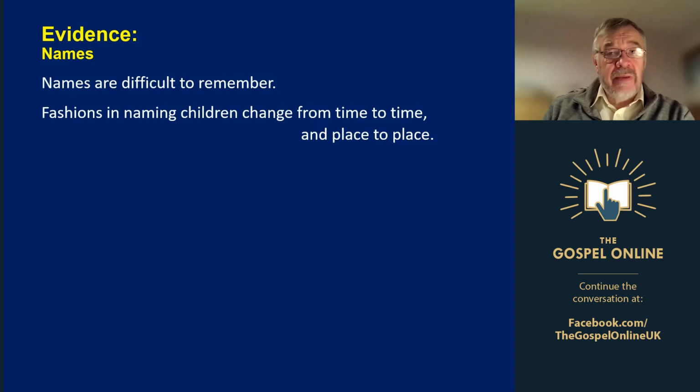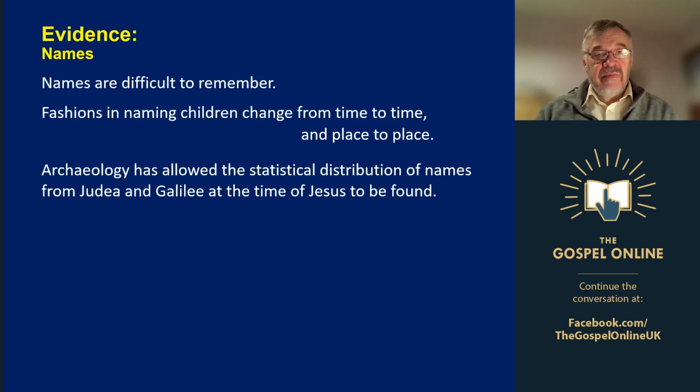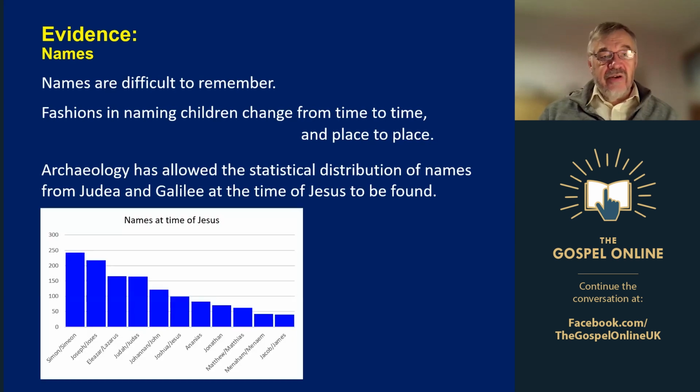So if you're going to name people, write something like the gospel and make it up, how do you get the names right? Well, it would be difficult for them at the time, but we've got the advantage because the Jewish scholar Tal Ilan, Israeli scholar, has made a sort of directory of names from inscriptions, from gravestones, from literature of the time, from the New Testament as well, from all sorts of places, and you can see the distribution of names.